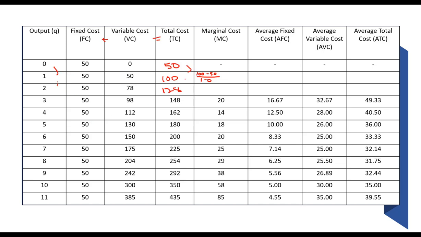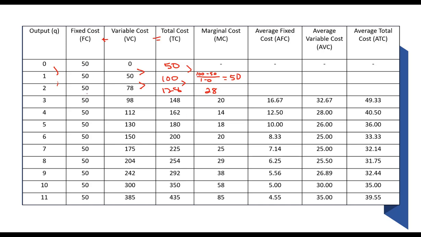Our marginal cost here, or how much cost is added when we produce that first unit of output, is $50. When we produce that second unit, we're adding $28 to our total costs. You may notice that the change in variable cost is the same as the change in total cost.